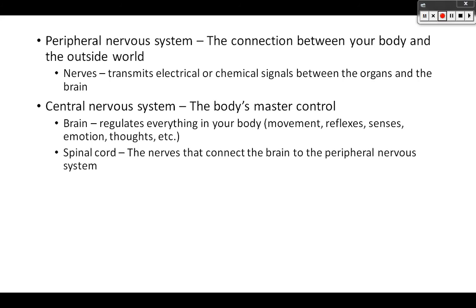And then the other part of the central nervous system is the spinal cord. And so the spinal cord is a specific bundle of nerves that connect the brain to the peripheral nervous system. Now, your spinal cord is encased in vertebrae, which are bone, so it's well protected.